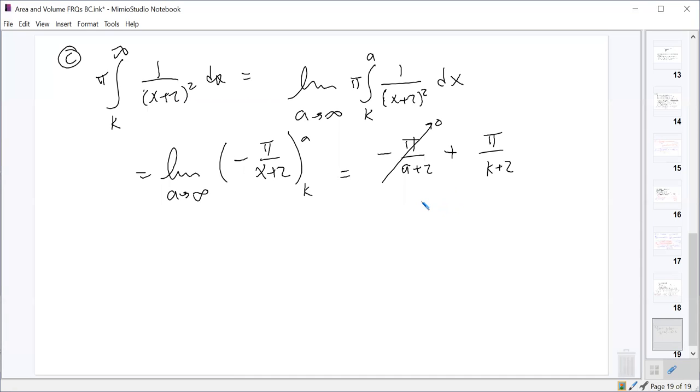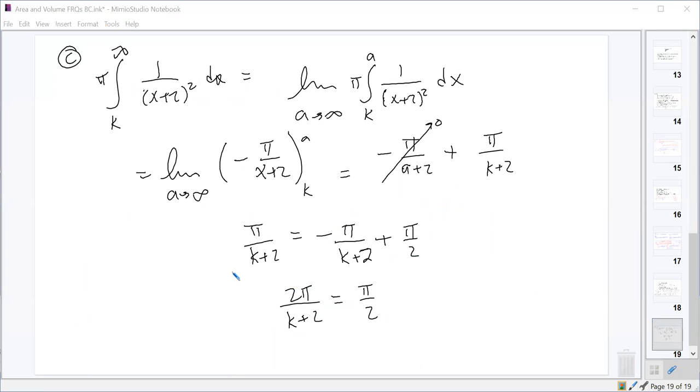And so we would then say, when does pi over k plus 2 equal whatever we got in part B, which was negative pi over k plus 2 plus pi over 2. So that'd be 2 pi over k plus 2 equals pi over 2. And you can forget about your pi's if you want, doesn't really matter.